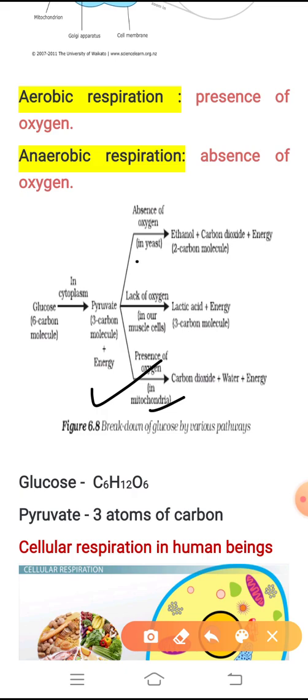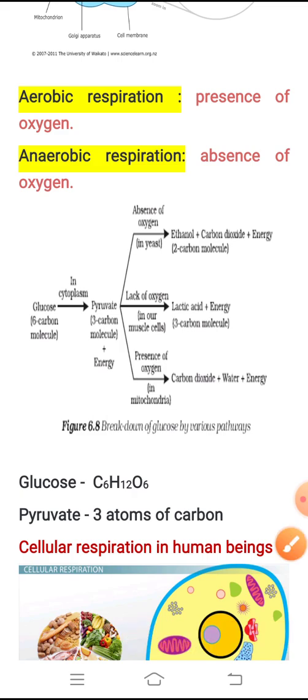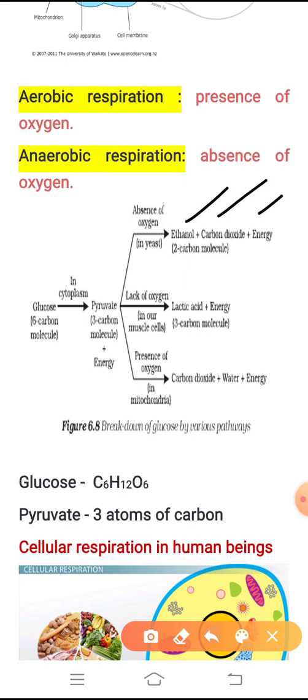It takes place in the yeast, you can tell. Right? What is yeast? I told you it is a unicellular fungi. And what are the products which are released under anaerobic respiration? They may ask you absence of oxygen or anaerobic respiration. Both are the same. So the ethanol, carbon dioxide and energy is released. Like this you will get a lot of questions from this part.